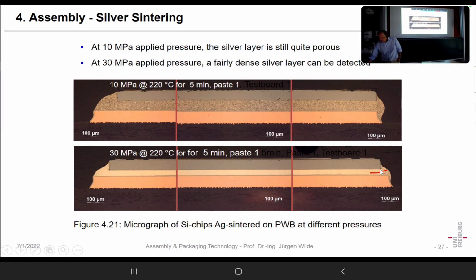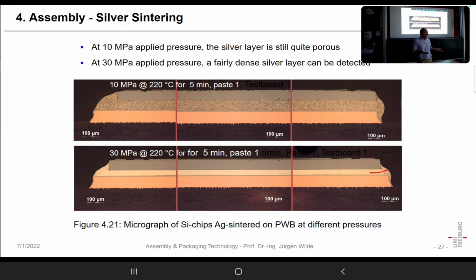You can also see on the sides where the pressure is not, it doesn't sinter so much. If you have only 10 megapascal for the same conditions, you have already some conversion of the paste to a more solid material. But here the material still contains 50% of porosity. So that means the strength of the material is not so good. But having such a material, you can create a layer which is almost a solid layer of silver.